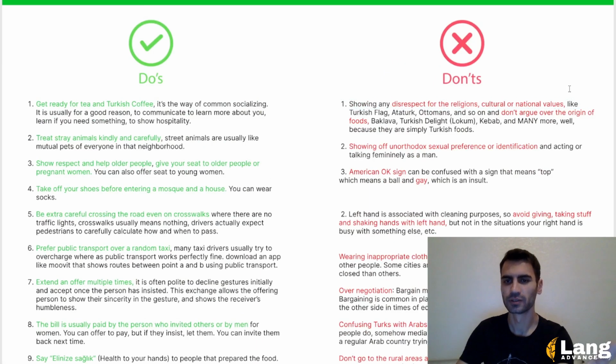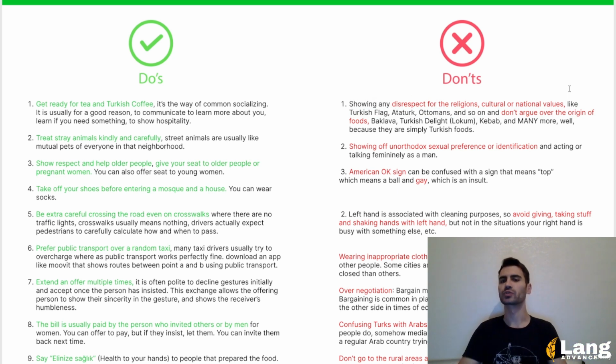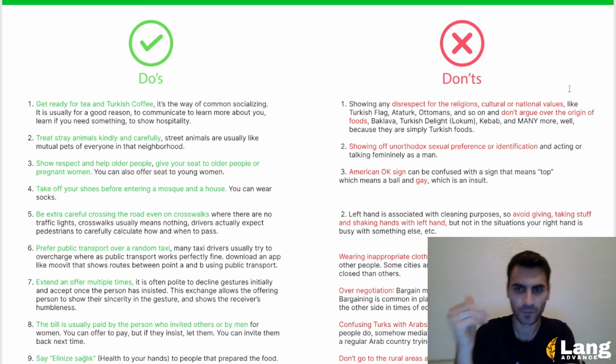Don'ts. Showing any disrespect for the religions, cultural or national values, like the Turkish flag, Atatürk, Ottomans, Atatürk by the way, and so on. And don't argue over the origin of foods, baklava, Turkish delight, kebab, and many more, because they are Turkish foods.